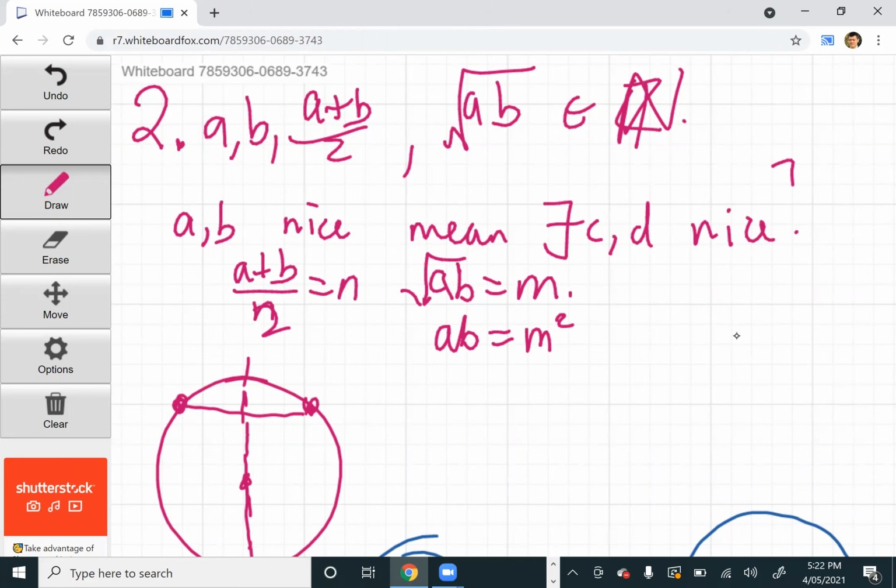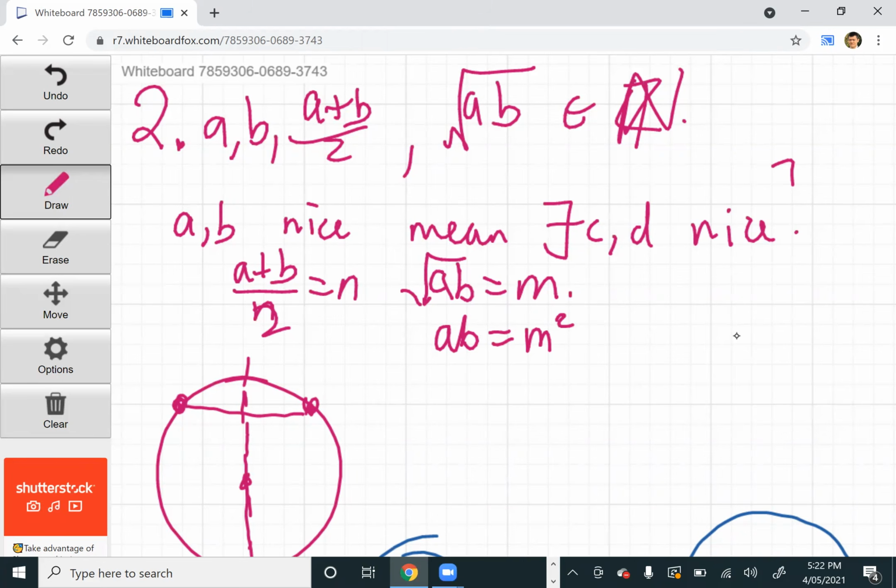Wait, hold on. There might be a relation between them. I have an idea. Assuming you already have a nice pair, they're at equal distance from a number, which is half of the sum.